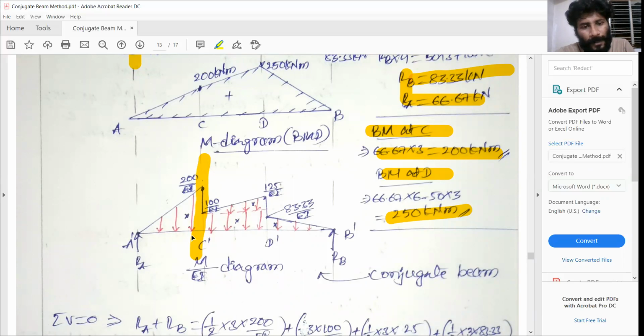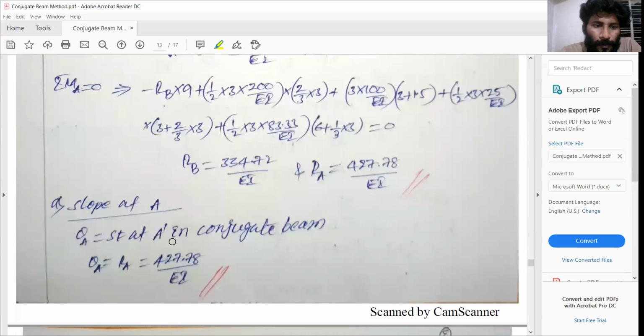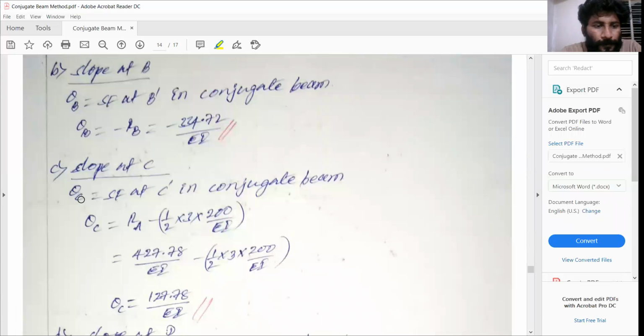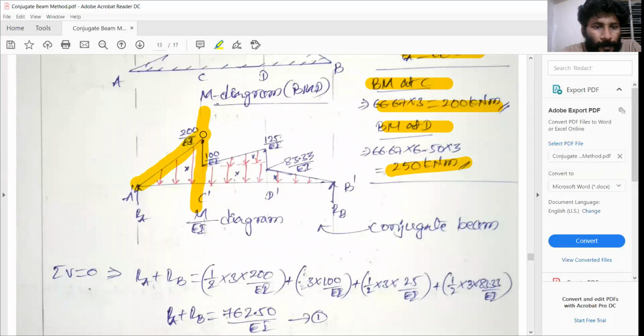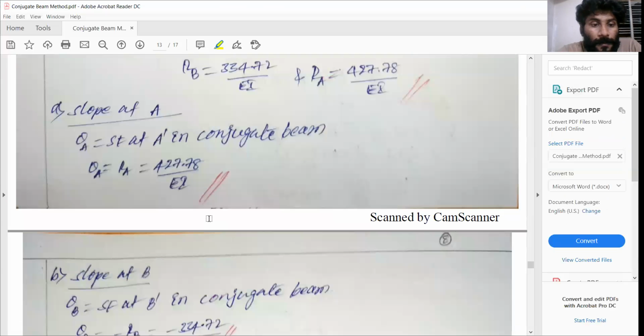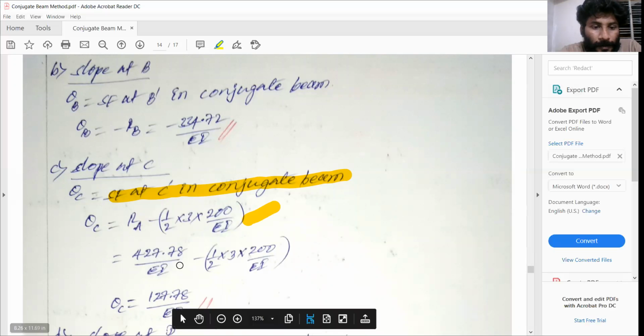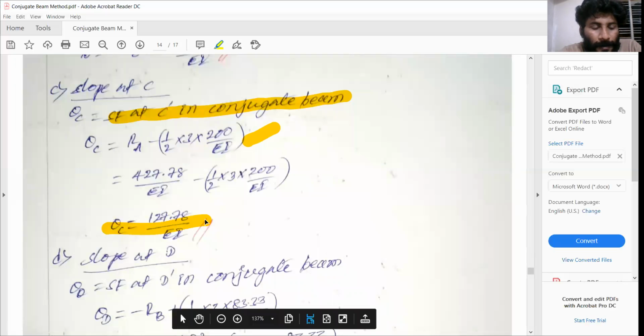The algebraic sum of vertical forces on the left of section C will be the slope at C. Therefore, theta C is equal to the shear force at C in the conjugate beam, that is R_A upward force minus the load, that is one triangular load. This triangle is the load acting downward. After substituting the values, we can find the slope at C.